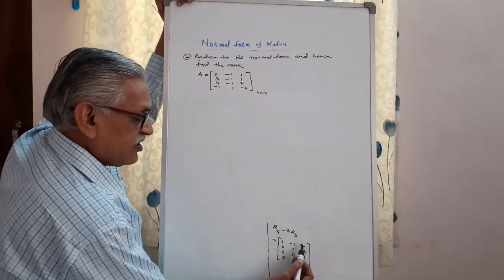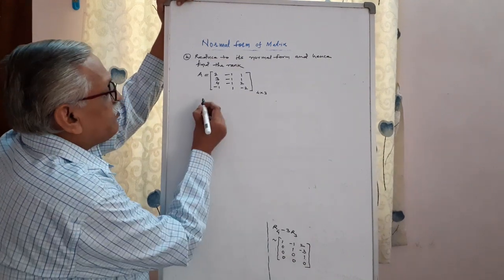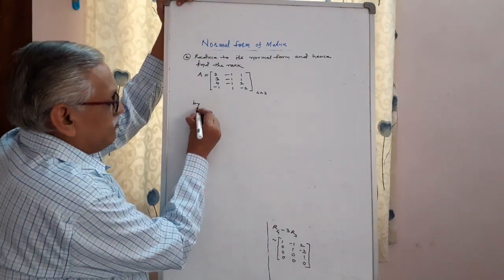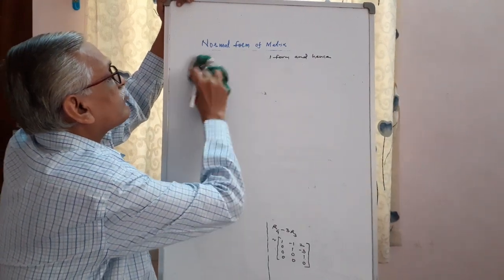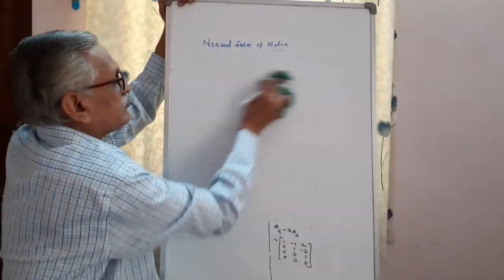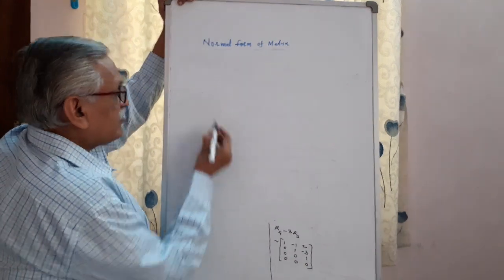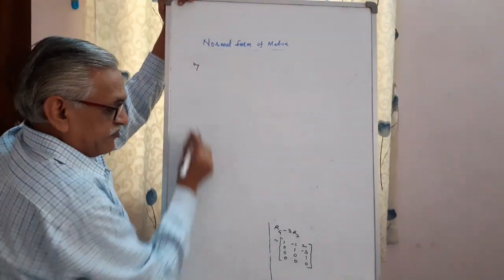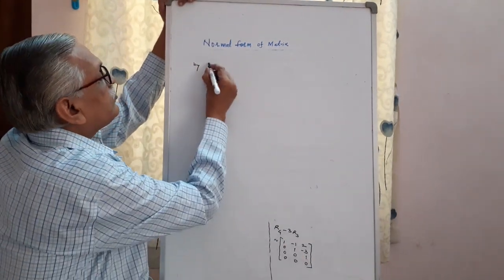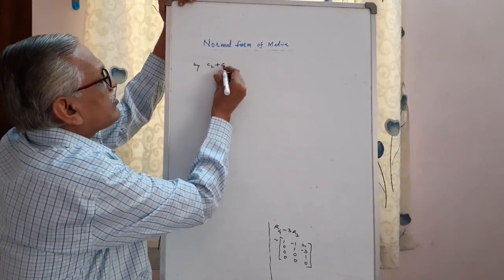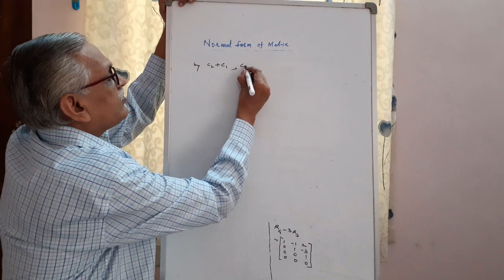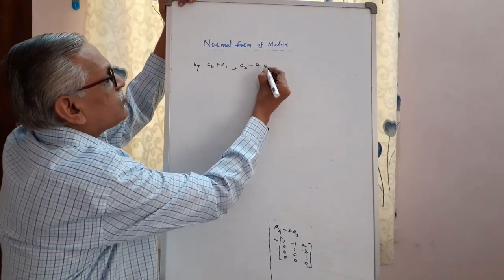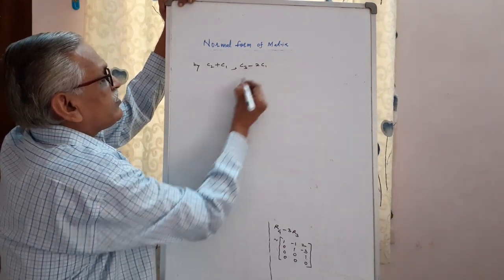Therefore, using this one, convert this to 0, transformations required are C2 plus C1, and for this it is C3 minus 2 C1.